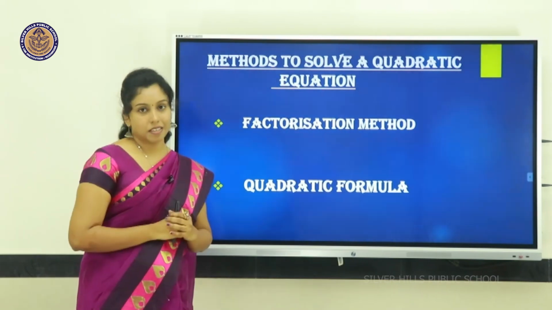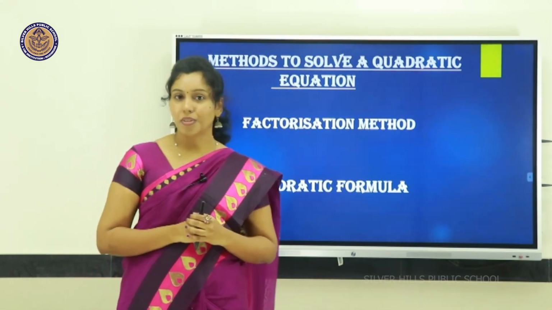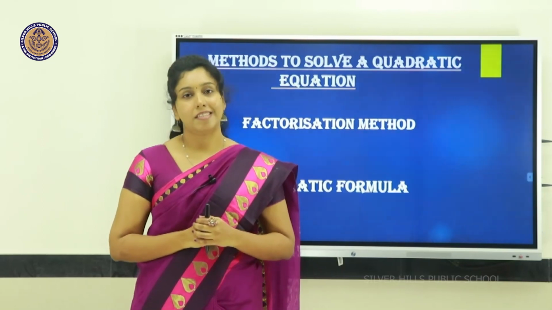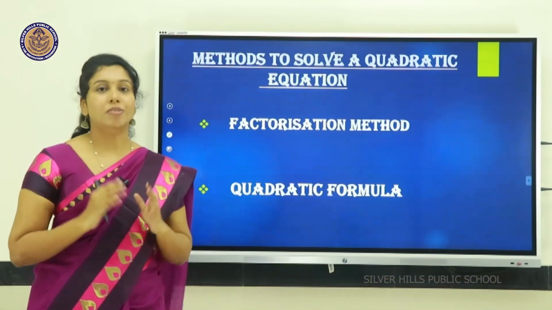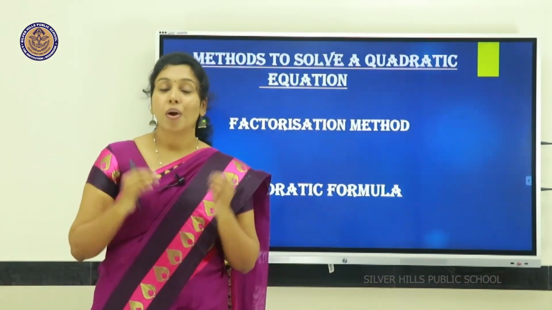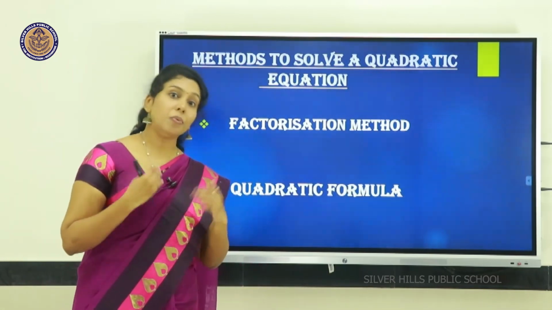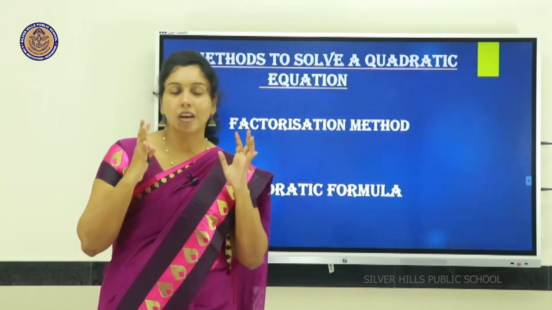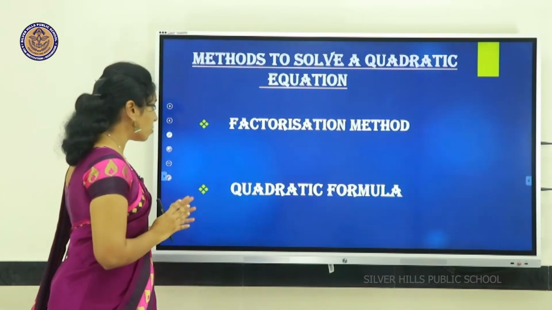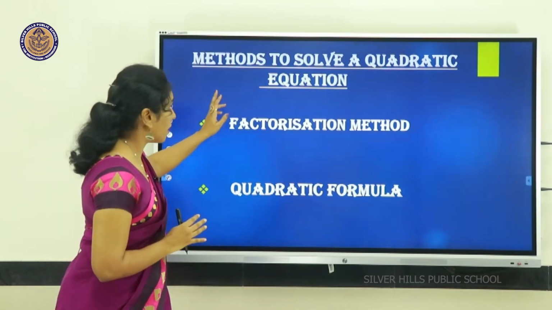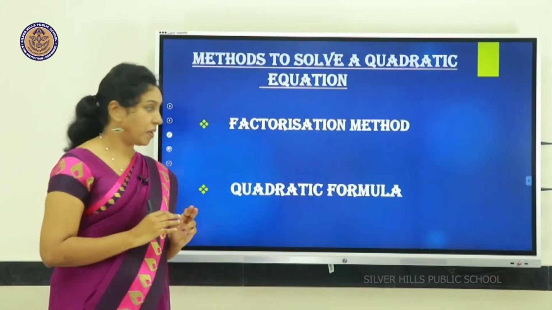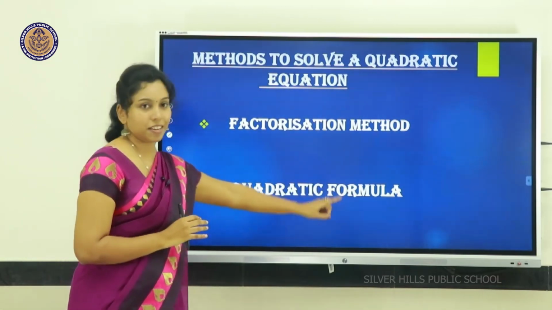The second method for finding the roots is using quadratic formula. It's always good to have a formula so that we can substitute all the values in that result and we'll get the answer without much effort. So here also we have a formula to find the root of a quadratic equation, that is quadratic formula.